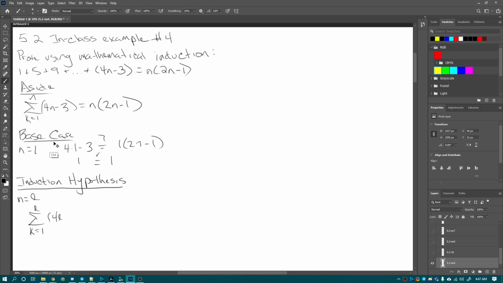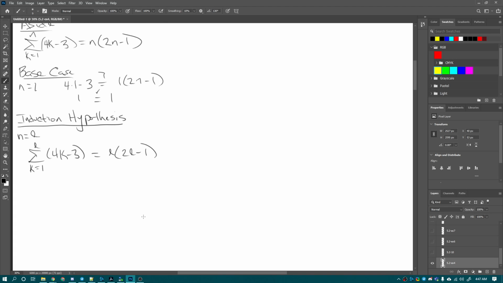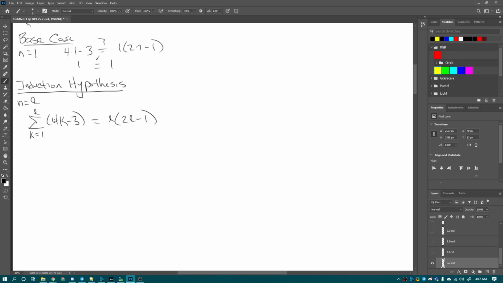I'm sorry, I messed up here as well. I keep doing that. That's not supposed to be n, that's supposed to be k. So this is 4k minus 3 is equal to L times 2L minus 1. Now comes our induction step.